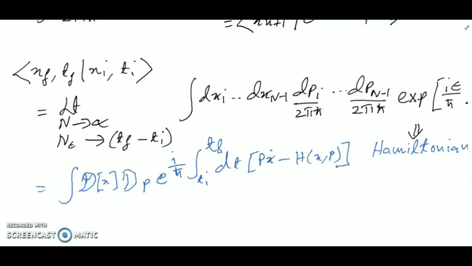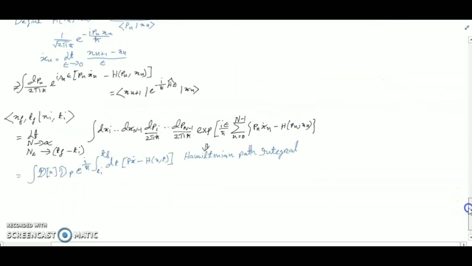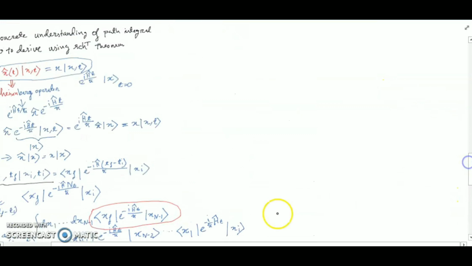And now I want to close my video. Before closing this video, I will show my whole work. Okay, now let me show my total work, then you can understand properly. Okay, now check, this is the Hamiltonian path integral.